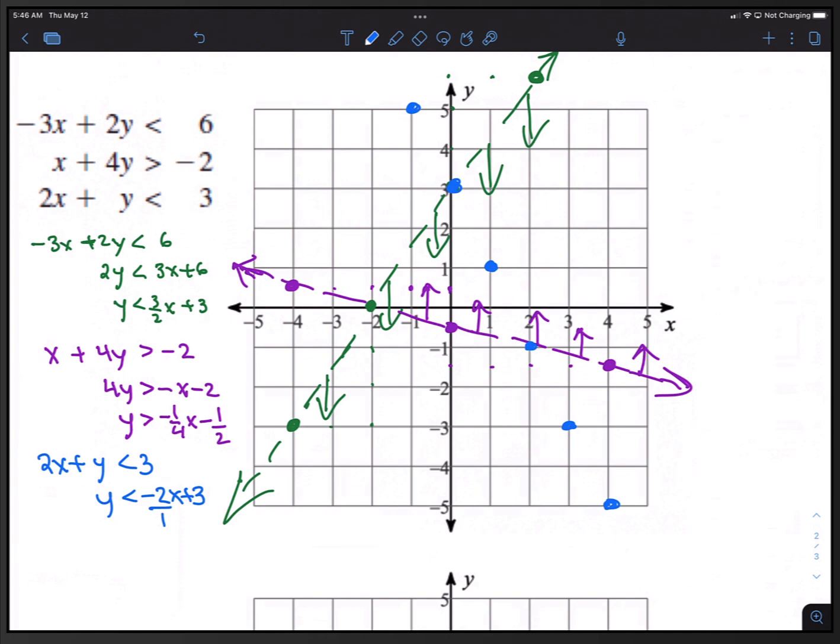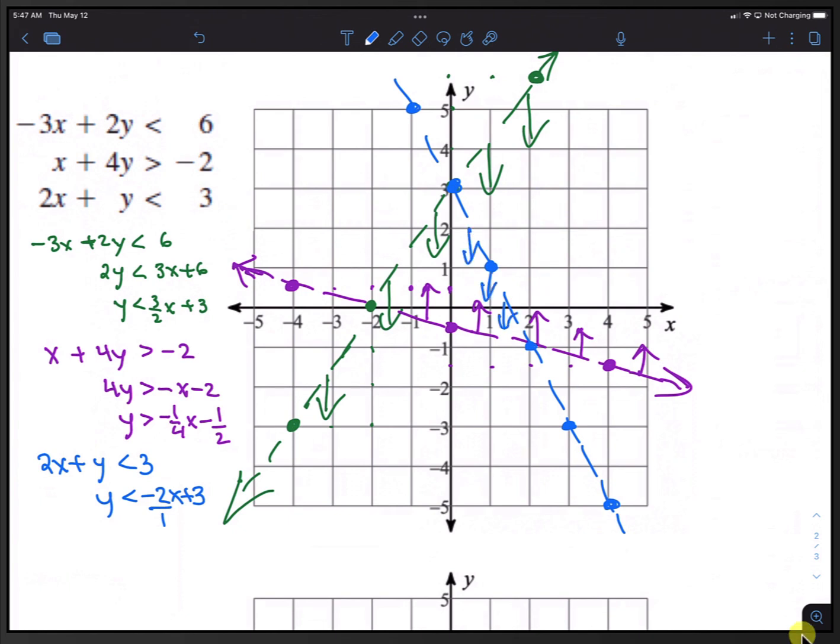And again, this is going to be a dashed line because there's no equal. So let's go ahead and draw the dashed line. And because it says y is less, that means we're going to be shading below this blue line.